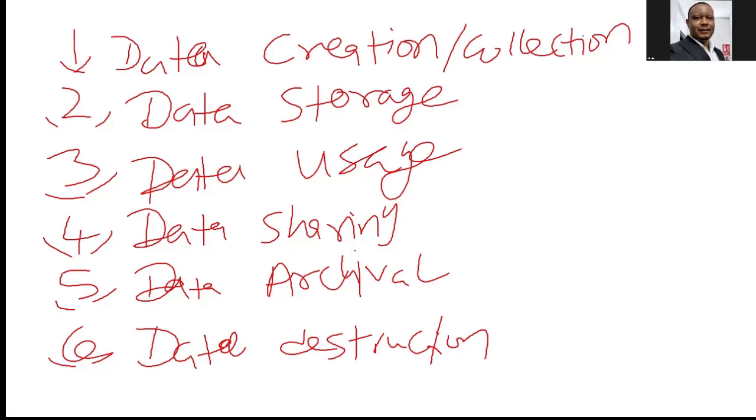GDPR says 6 years. So if the data has gotten to the end of its retention period, it needs to be securely destroyed as well as deleted. Typical examples might include deleting employee records or customers' records that have been in archive for more than 6 years, as the case may be. Again, ensure secure deletion and destruction.